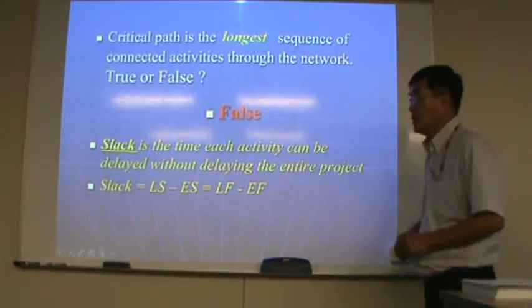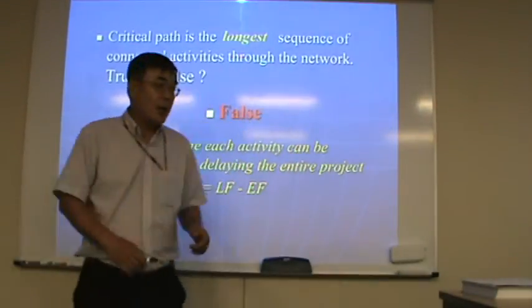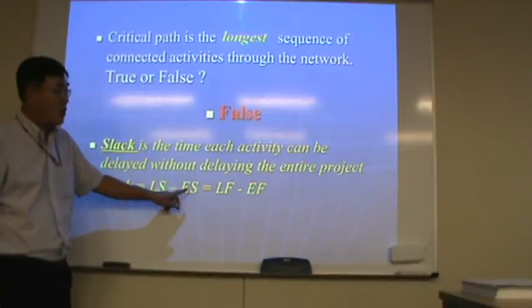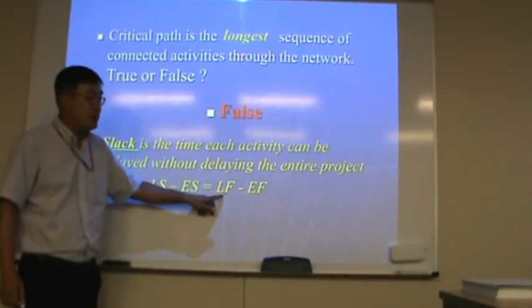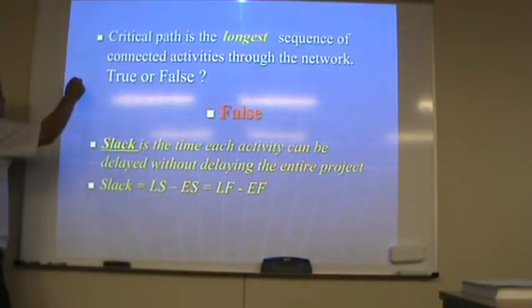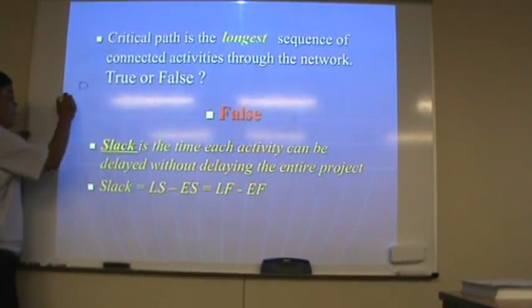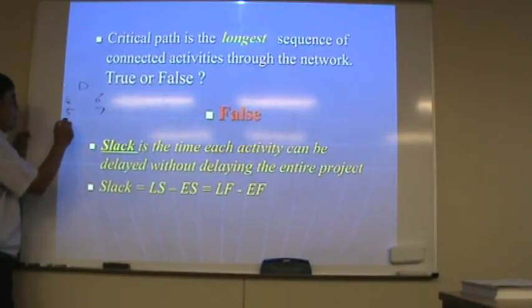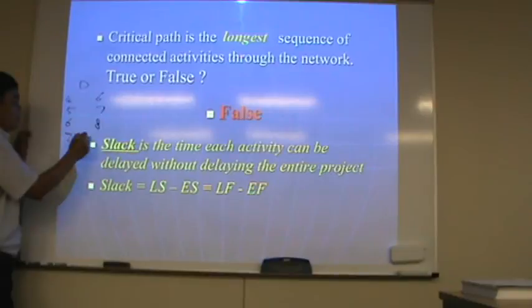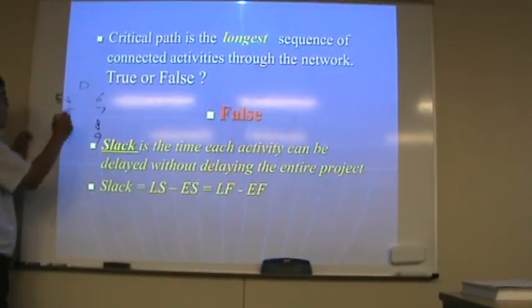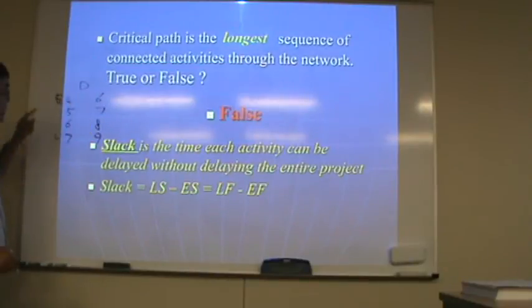Slack equals late start time minus early start time, or late finish time minus early finish time. Activity D: 4, 6, 5, 7, 6, 8, 7, 9, right? Early start time, early finish time, late start time, late finish time, right?